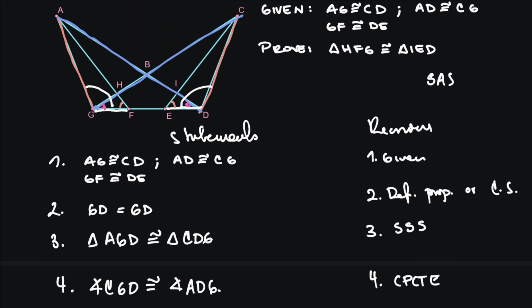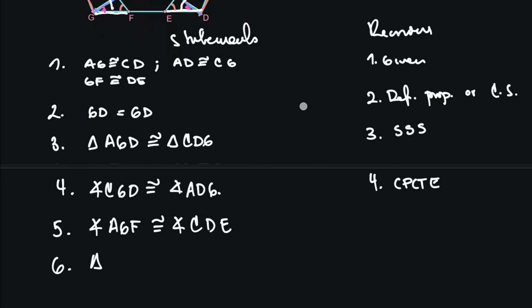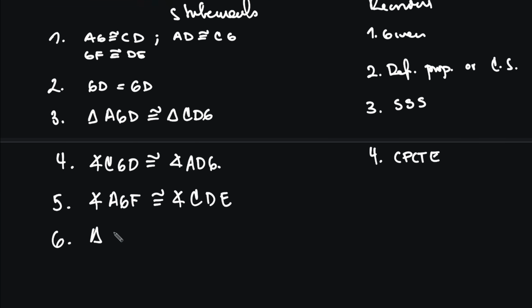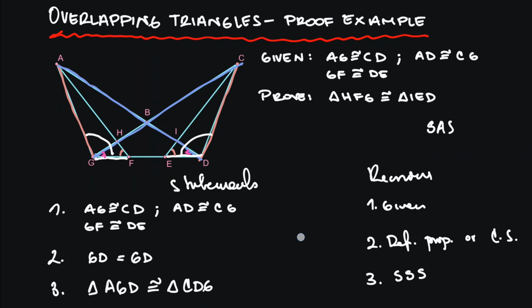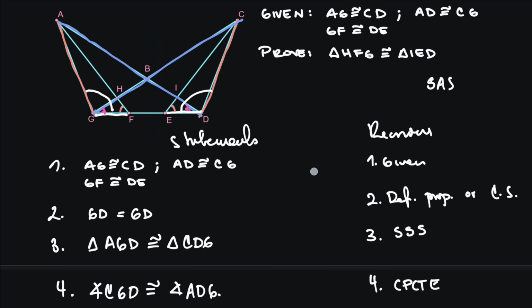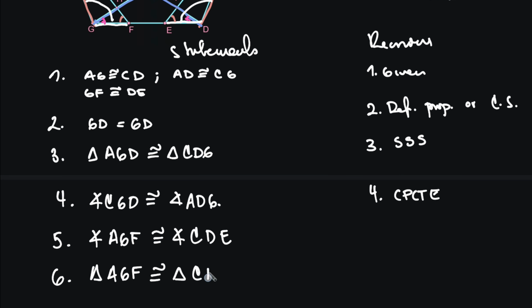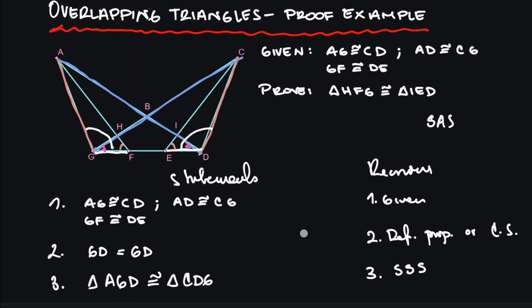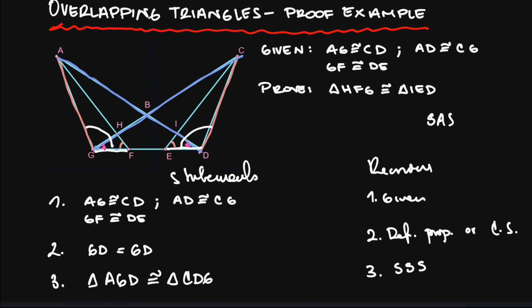So that means that triangle AGF is going to be congruent with triangle CDE, right? Why is this? This is also by CPCTE, my bad, CPCTE. And why is this? Because we have side, angle, side.